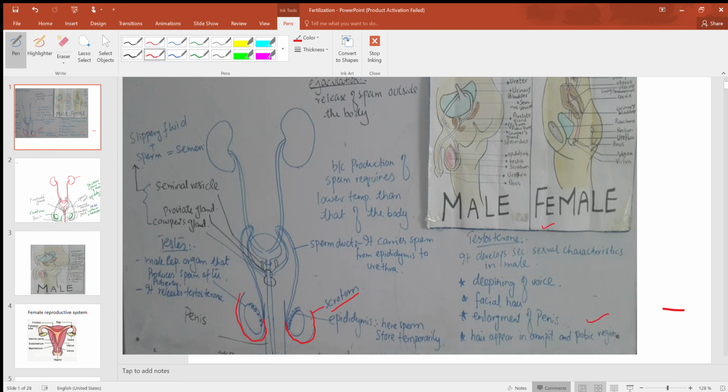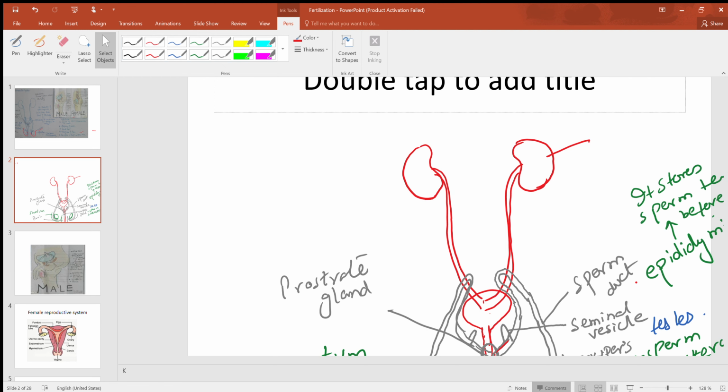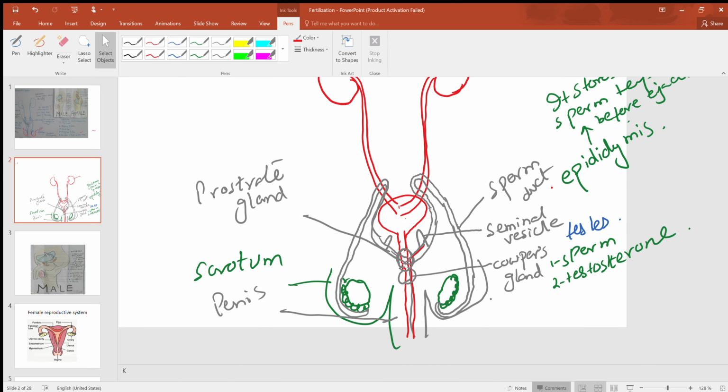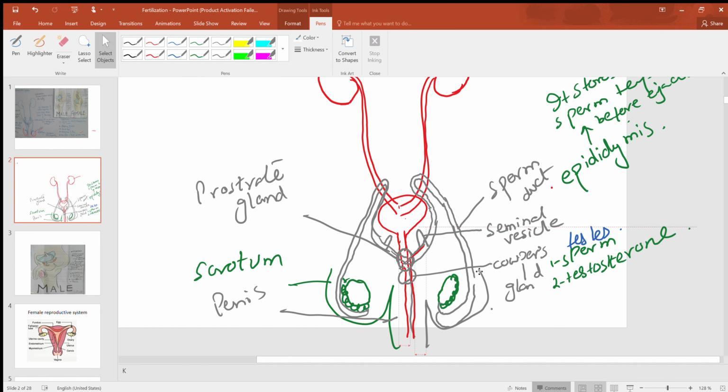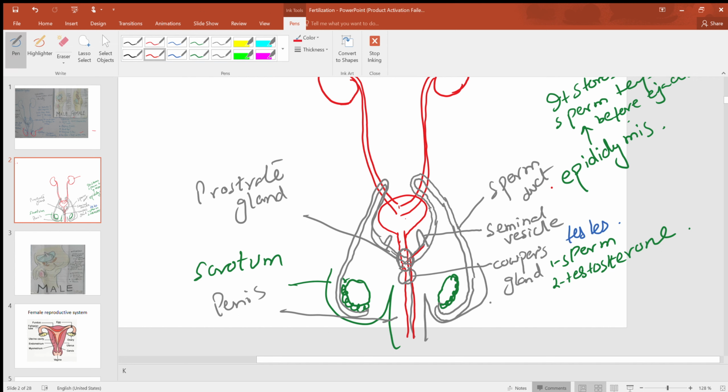Because production of sperm requires a lower temperature than that of the body. This question comes in examination.